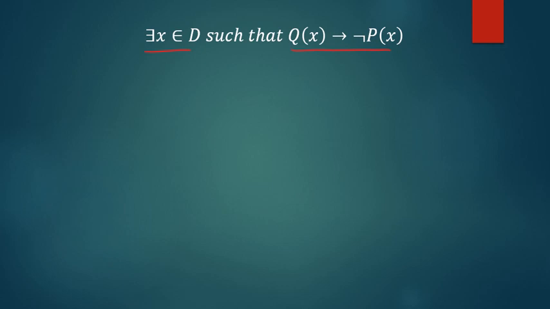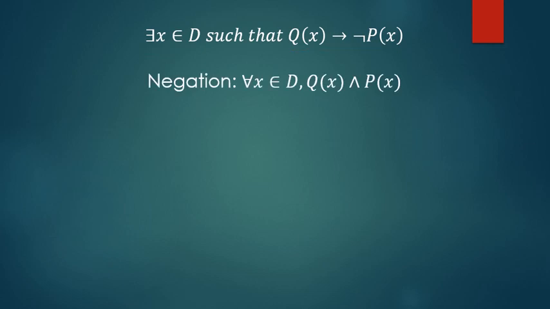The logical equivalent of q implies not p would be not q or not p. So when we take the negative of that, we get q of x and p of x. So the entire negative of the given statement is for all x in D, q of x and p of x.